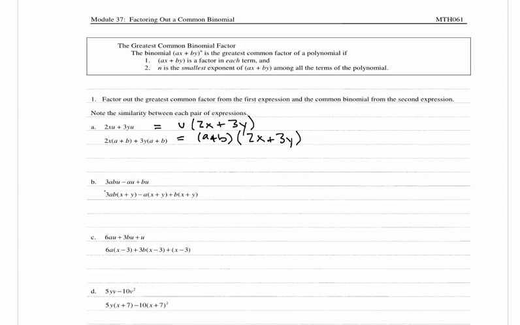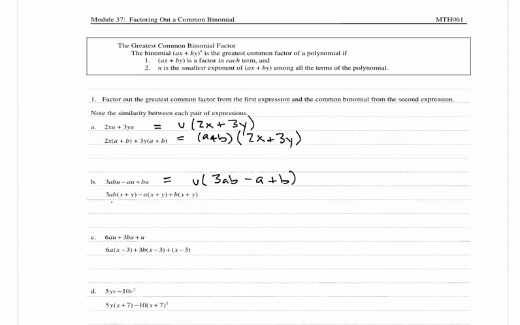In b, we have 3abu minus au plus bu, and the common factor is u, so we're going to factor out a u, and we're left with 3ab - a + b.